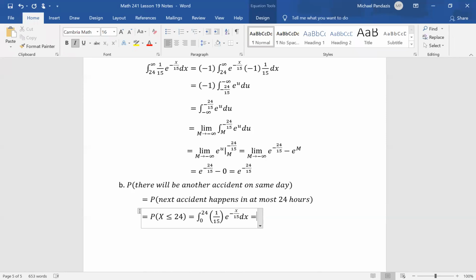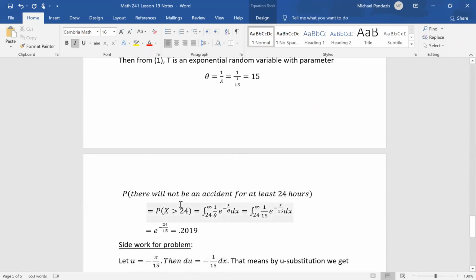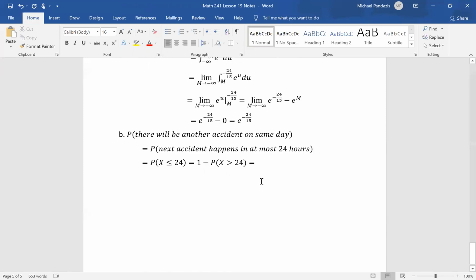And so if you calculate this, then actually let's not forget all that. Just think about this. It's 1 minus the probability that x is greater than 24. Right? And so we found this probability over here. It's this value. Probably that x is greater than 24 is that probability. So the probability it's at most 24 is 1 minus the probability it's greater than 24. 1 minus that probability.